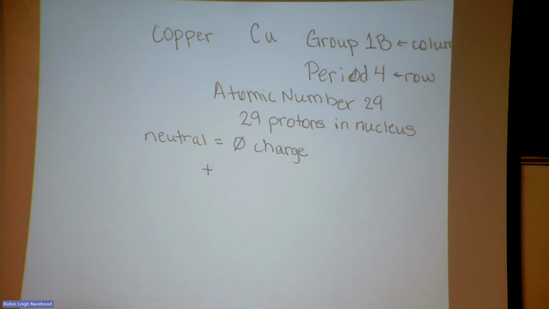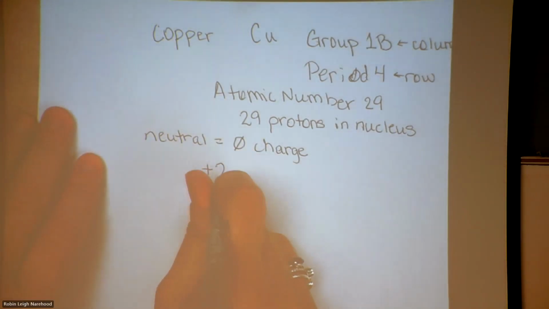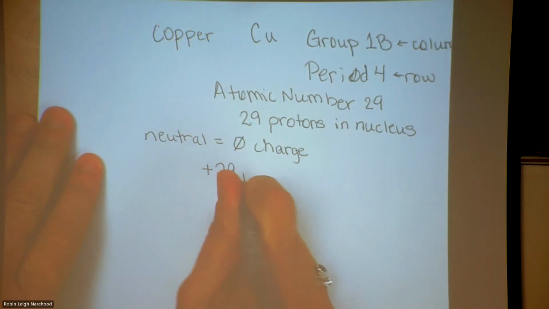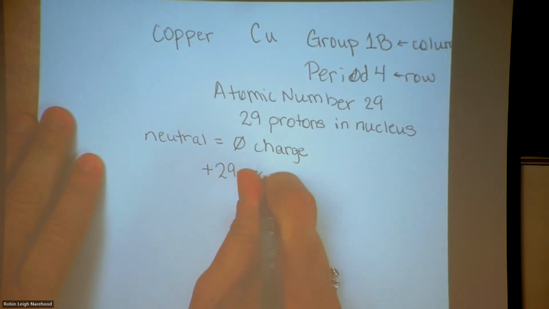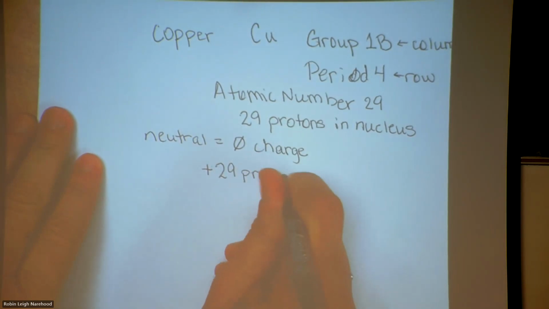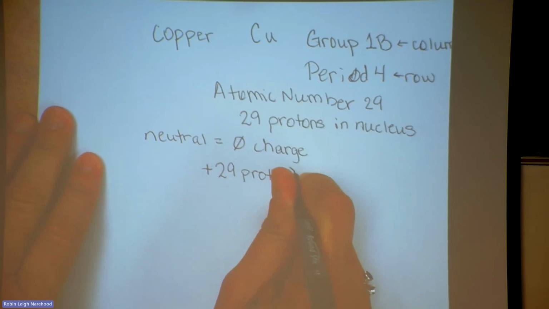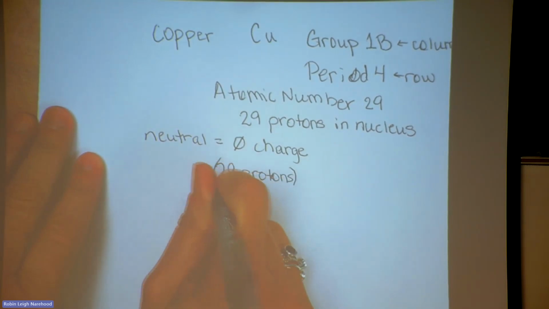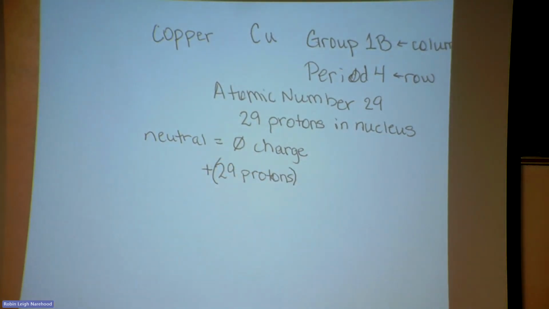So how many positives does it have? 29. In parentheses right here, I'm going to put the 29 protons. So there's positive and there's 29 protons. Each one of those is positive. The opposite of positive is negative.